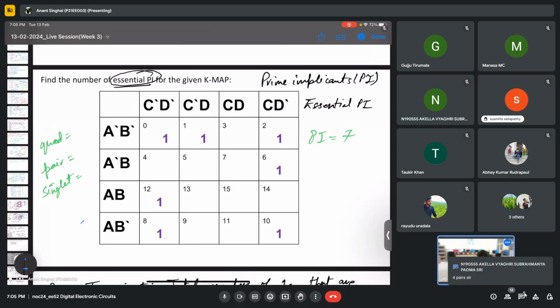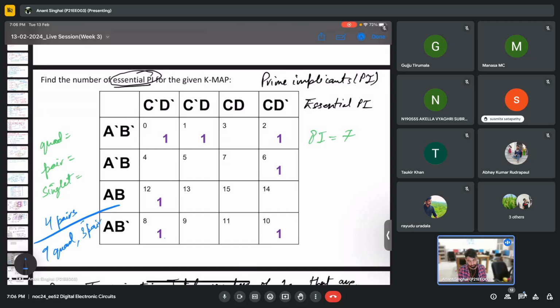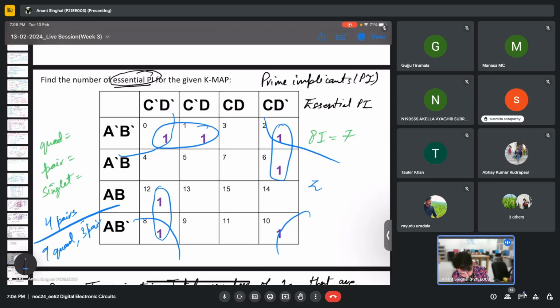Okay, so one is getting four pairs. Any other answer? So I'm getting one quad, three pairs. I can clearly see there is a quad. This is a quad. And then one, two, three. Yeah, so there will be three pairs and one quad.